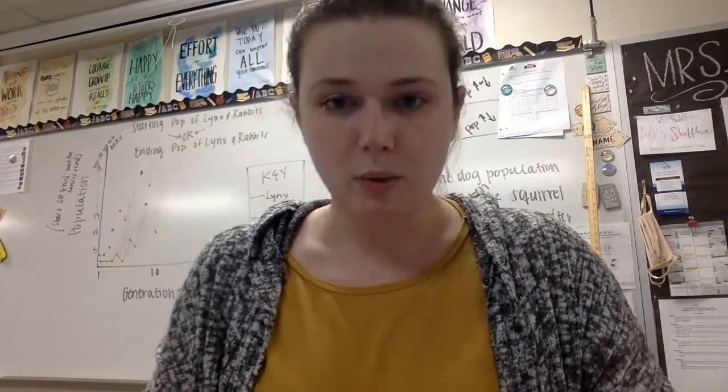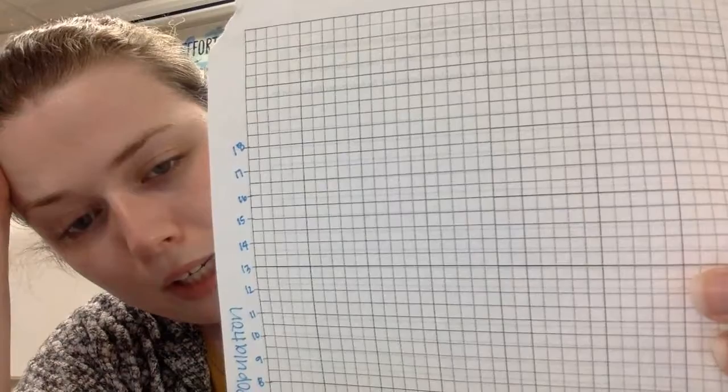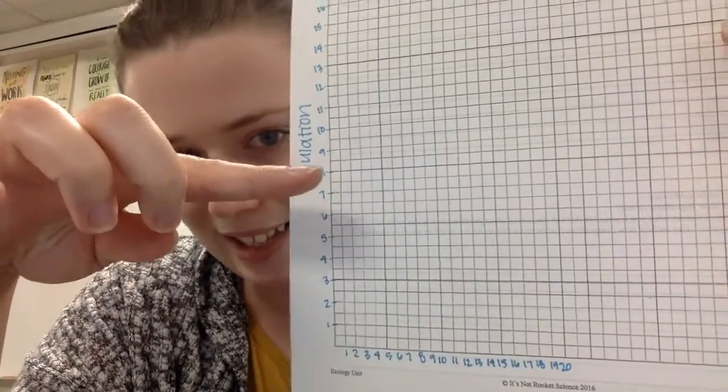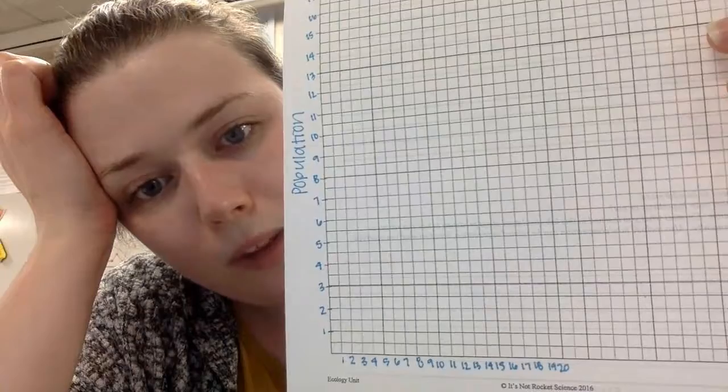So we are skipping every other on my y-axis because I'm only going up to 16 as my max number, so I don't have to worry about going that far up. But this way my 16 is not down here. It's at least spreading it out some for me. So that's what I am doing with this.